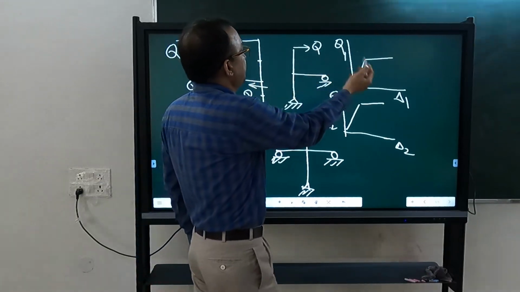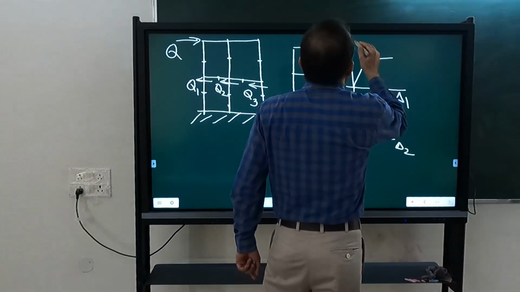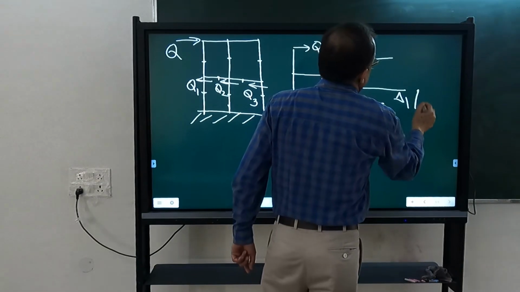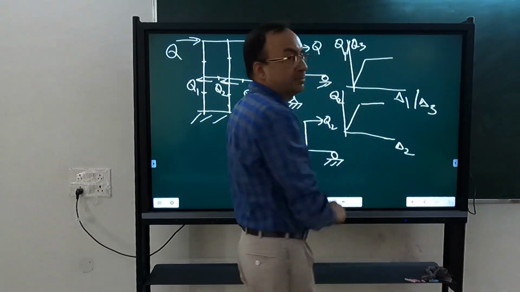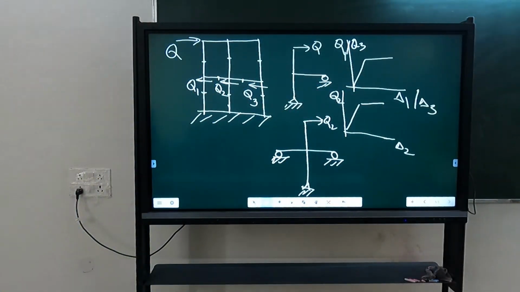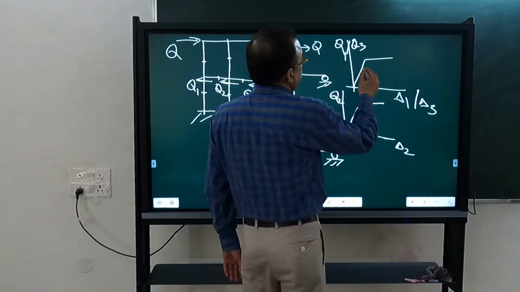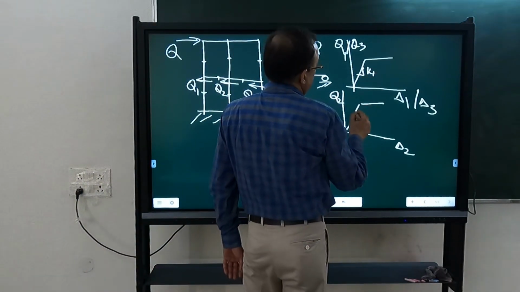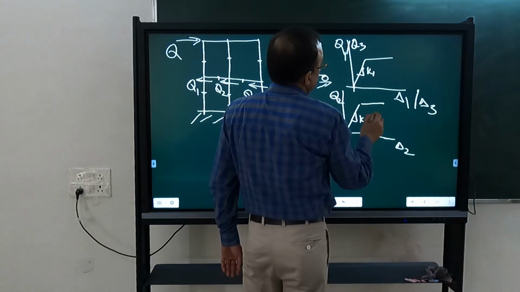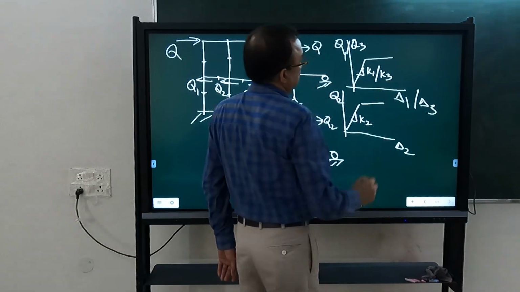And the third assembly is the same as the first; the first and third assemblies are the same. Now, what will be the stiffness? This slope is the stiffness.